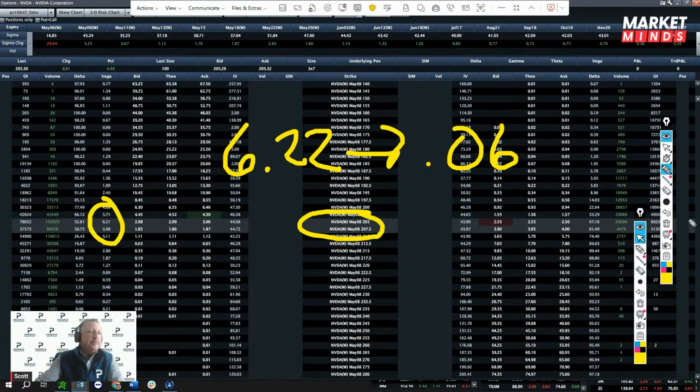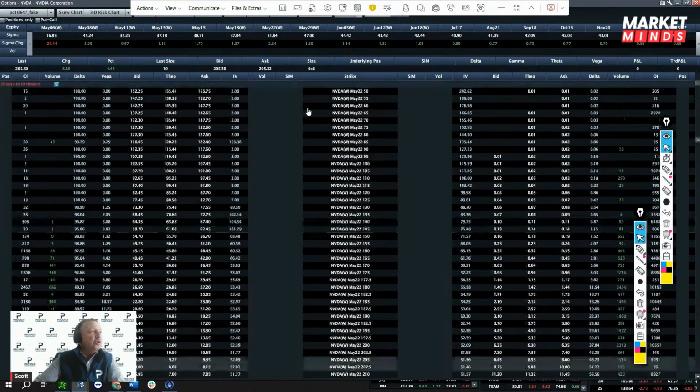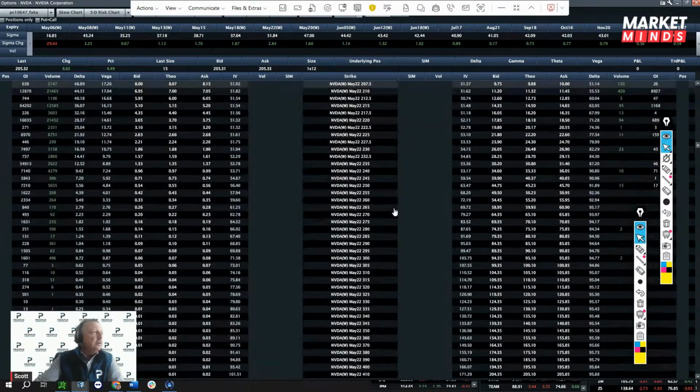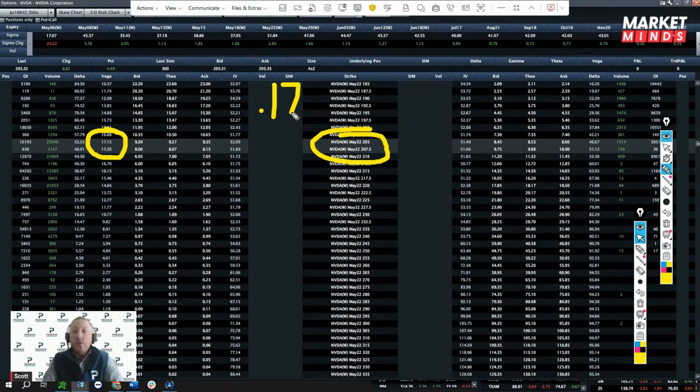Now, let's compare, and let's go out just 2 weeks. Here is the same at the money. Vega is now 17 cents, basically triple for just going out 2 weeks.